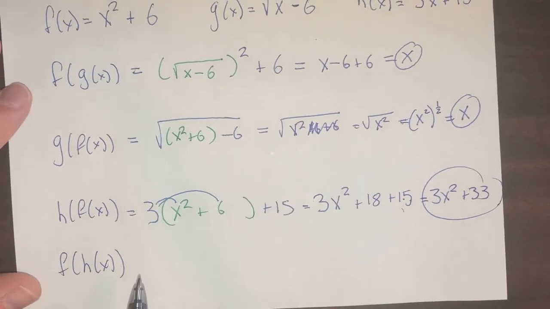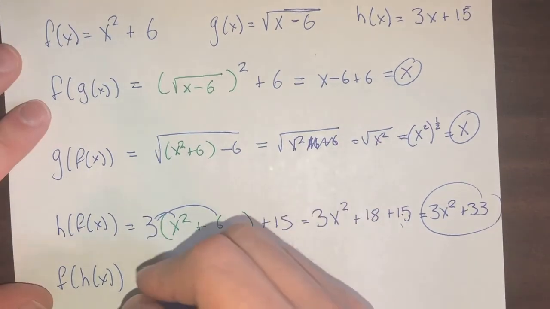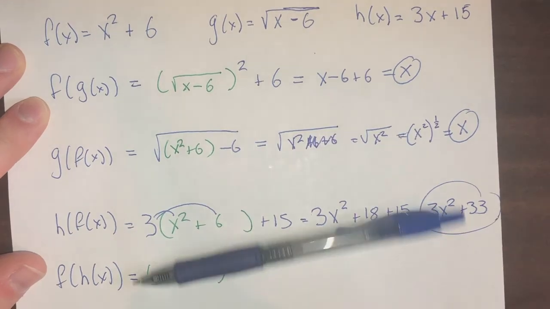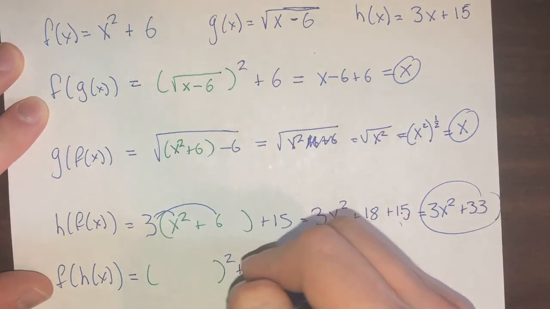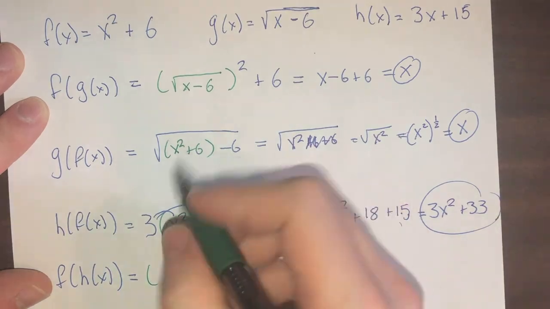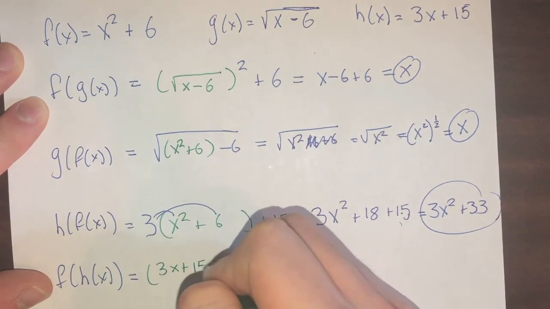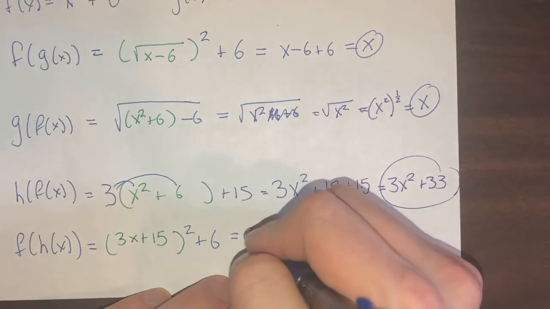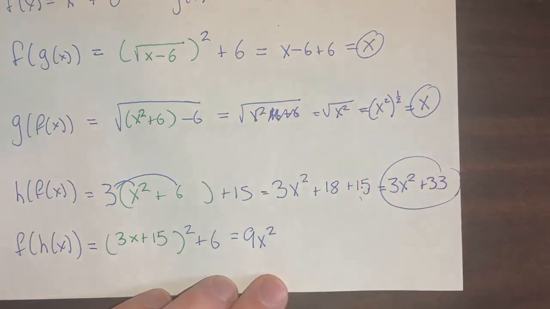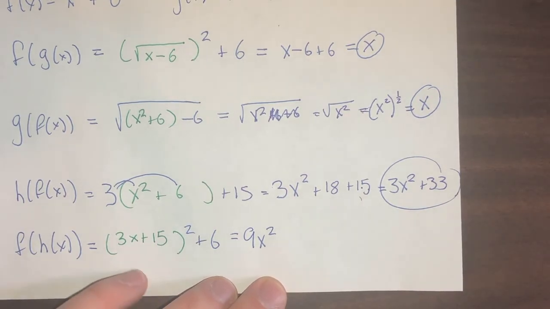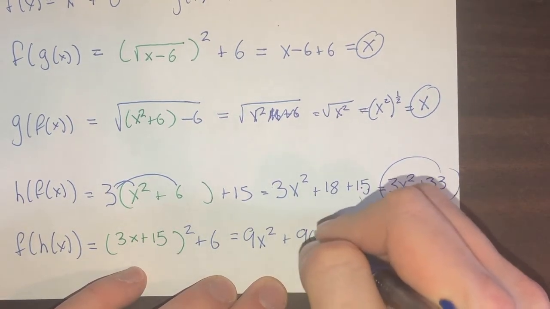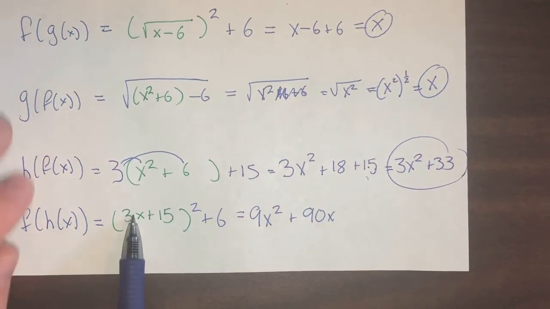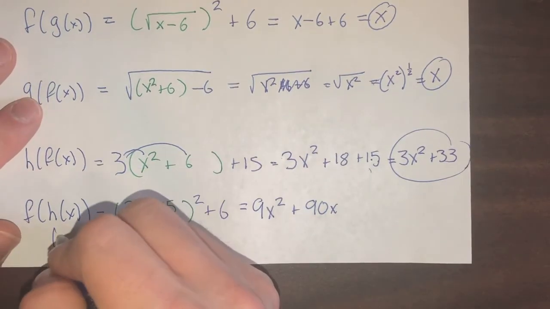And lastly, f of h of x. This one's actually harder. It's a little bit harder to square, but when we square it, I get 9x squared. And I should get 90x, because 15 times 3x is 45x, like when you actually do it out.